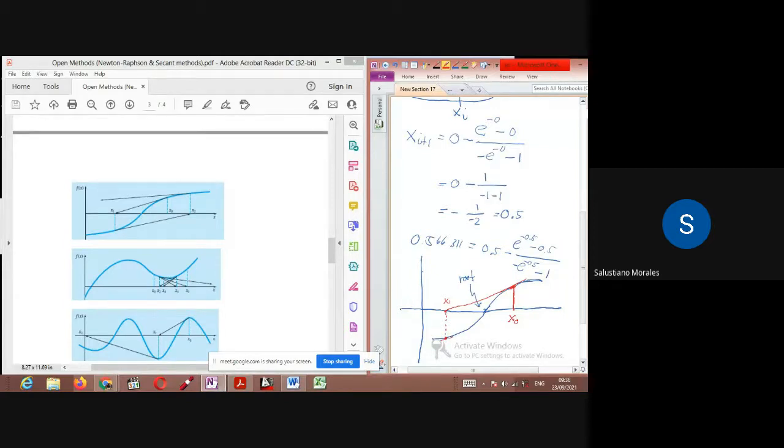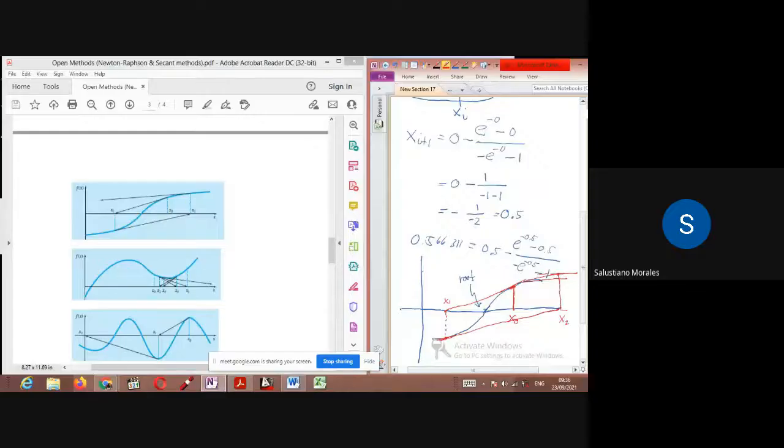So it should be somewhere here. So it should look like this. And so meron tayong another estimate of the root that is x2. So maybe we extend the curve like that. So again, meron na naman tayong another point here, x2, f of x2.